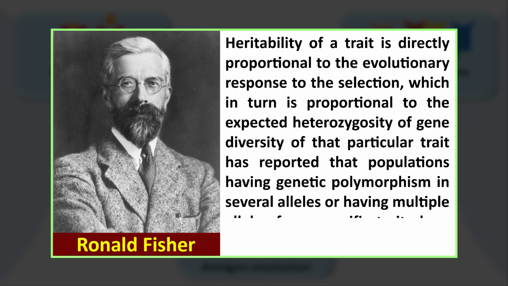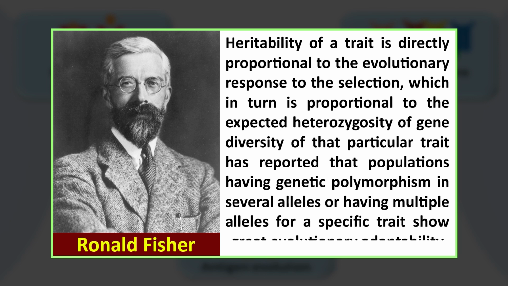It has been reported that populations having genetic polymorphism in several alleles, or having multiple alleles for a specific trait, show great evolutionary adaptability. Thus, populations with lower heritability, reduced heterozygosity, and fewer polymorphic loci will preferably adapt more slowly and attain lesser adaptation than the population which is more diverse and has greater genetic diversity.